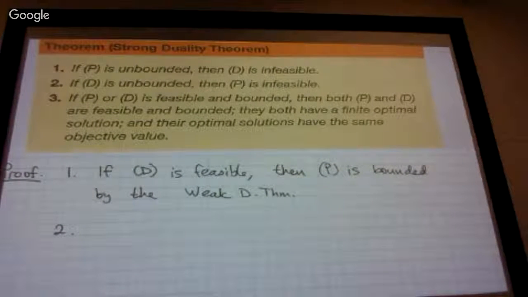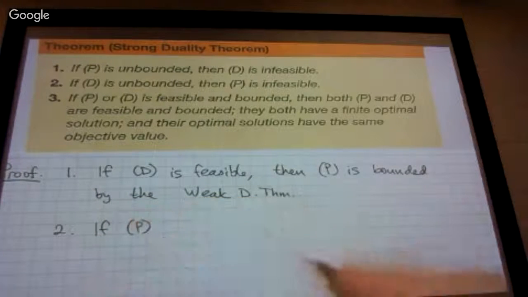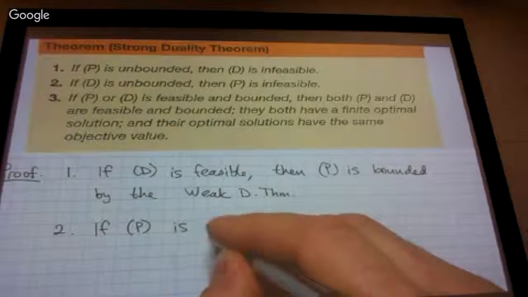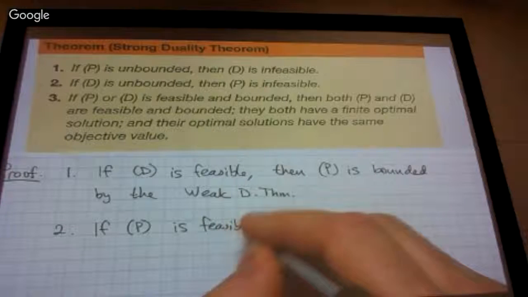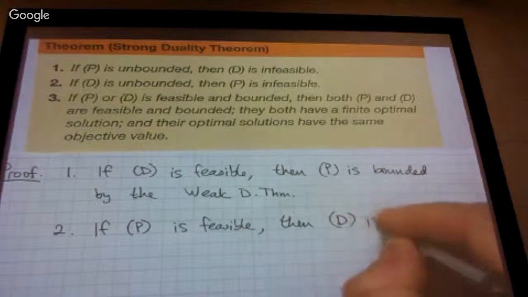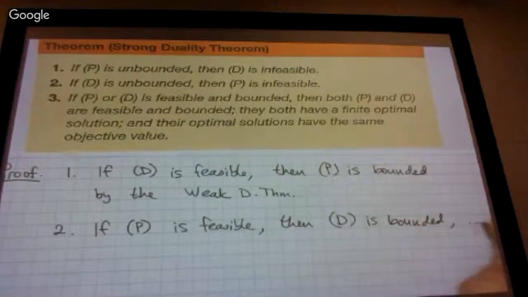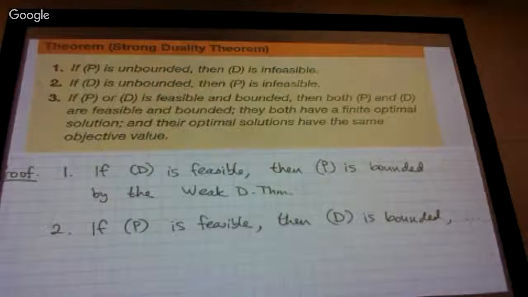Now, 2 is the same thing. If P is feasible, then D is bounded, for the same reason.